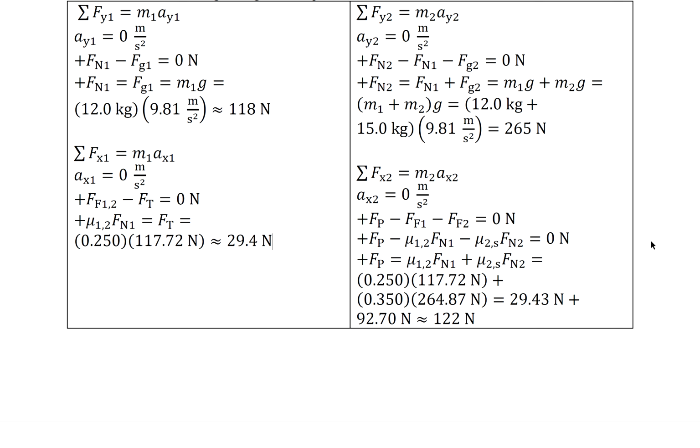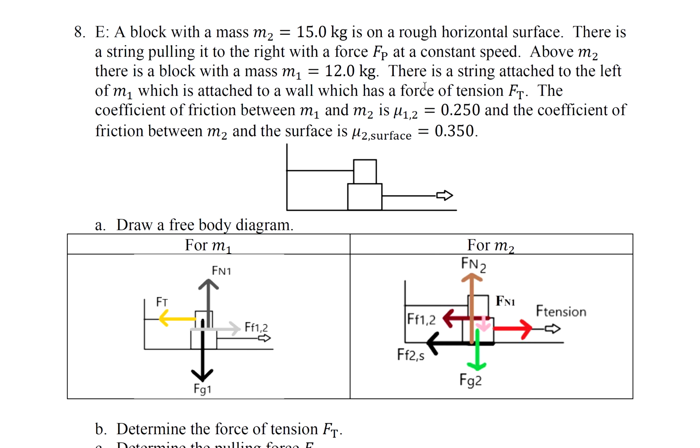So take a look at this bottom right. Sigma F sub x2 equals m2 a sub x2. So this is the horizontal forces on mass 2. We know a sub x2 is equal to 0 because we were told that it moves with a constant speed.